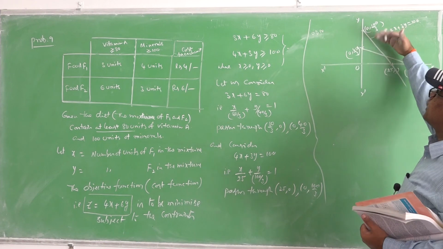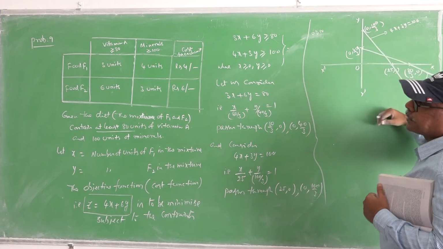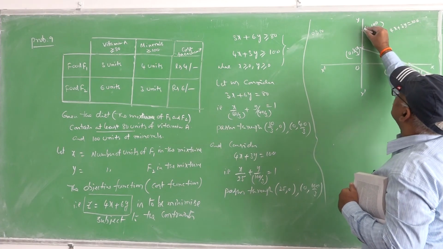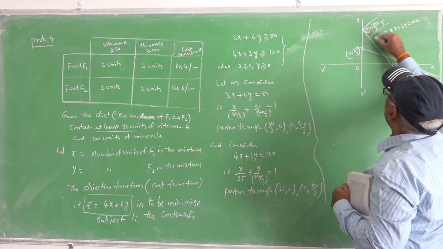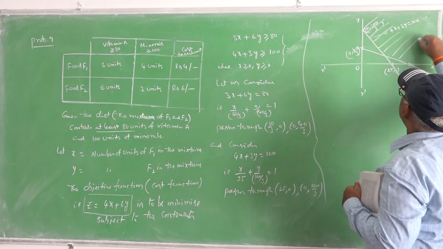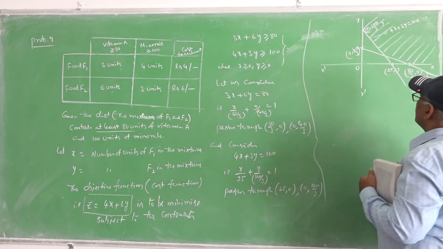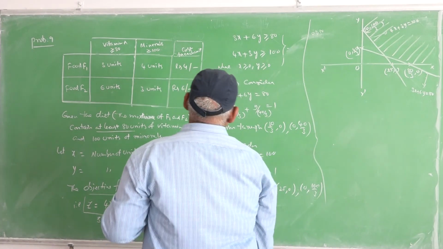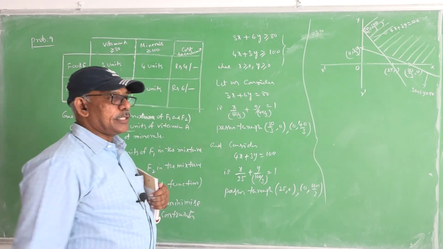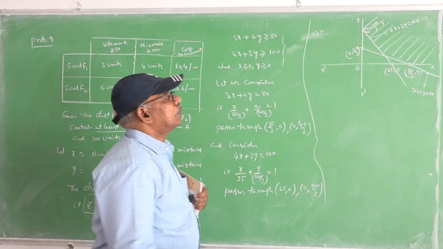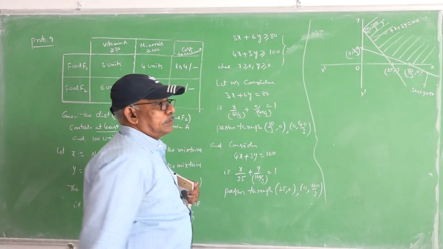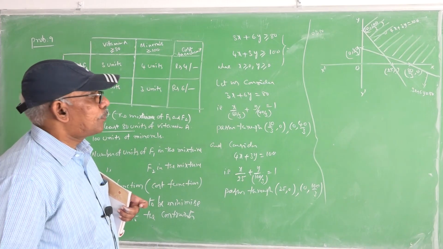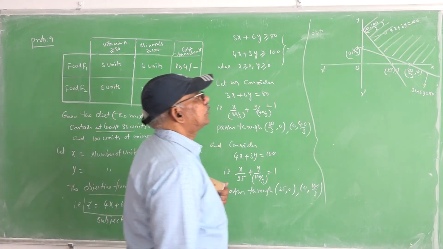Hence, you have to consider the region above both the lines. Above this line and above this line is the region that we consider as the feasible region, because x and y are greater than or equal to 0. The origin does not lie in the feasible region. Hence, we consider the region above both the lines in the first quadrant. So that is the feasible region.